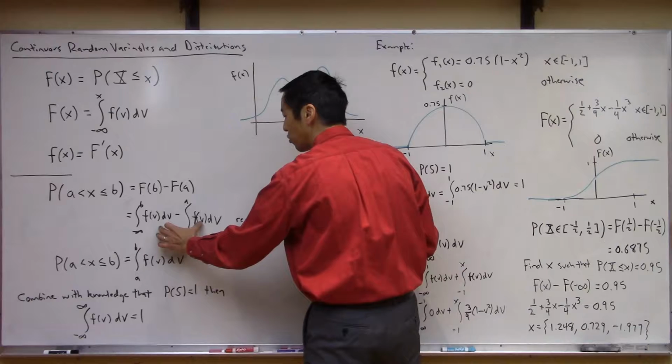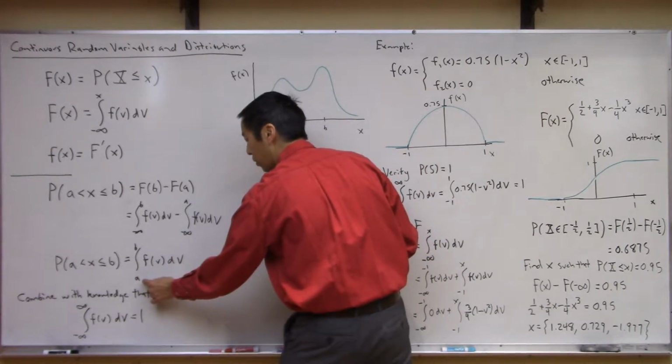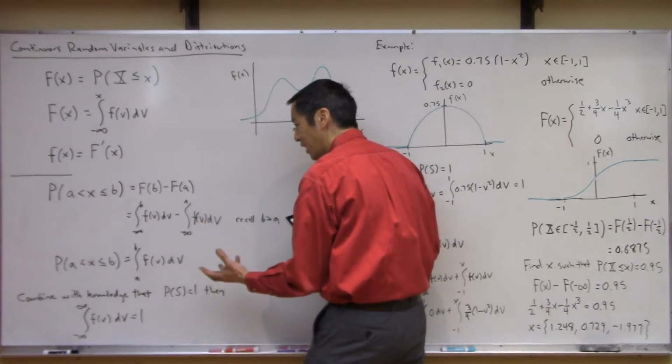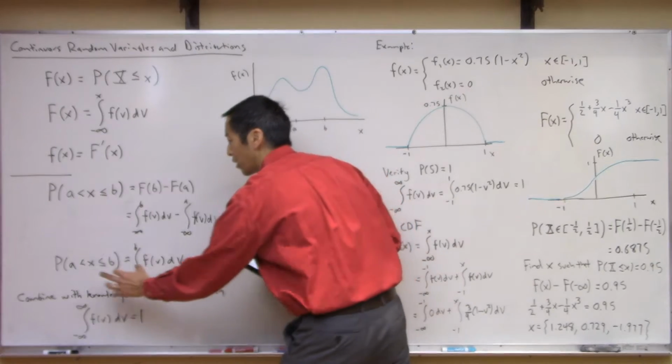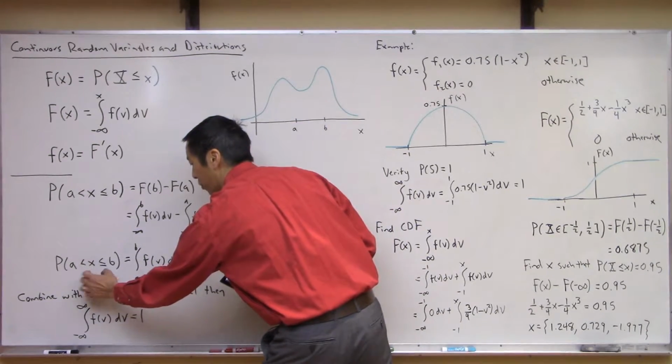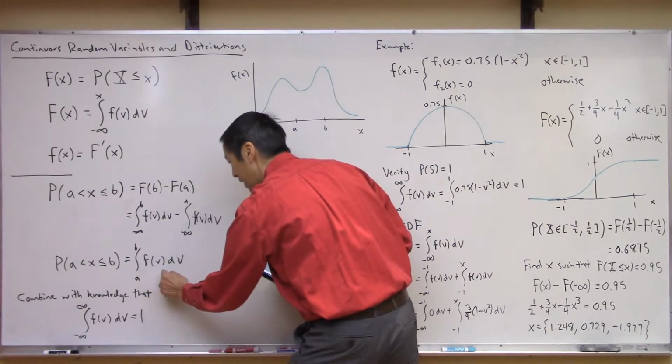So you can rewrite these two different integrals as just a single integral, integrating from the lower limit to the upper limit. What's fascinating about this is it gives us a nice intuitive feel of how we can find the probability that the continuous random variable is in this range from a to b by looking at the PDF.